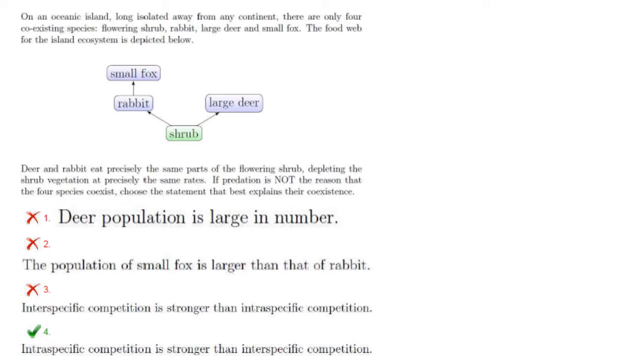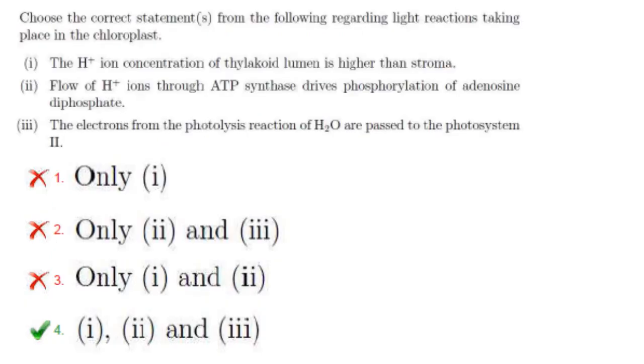But this intraspecific competition is more than interspecific competition, and it will be stronger. So members of the same species have rather similar requirements for resources, whereas different species have smaller contested resource overlap, resulting in intraspecific competition being stronger than interspecific competition. So option 4 is correct.